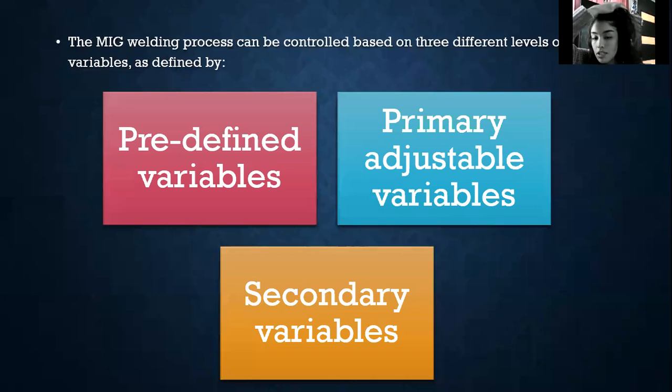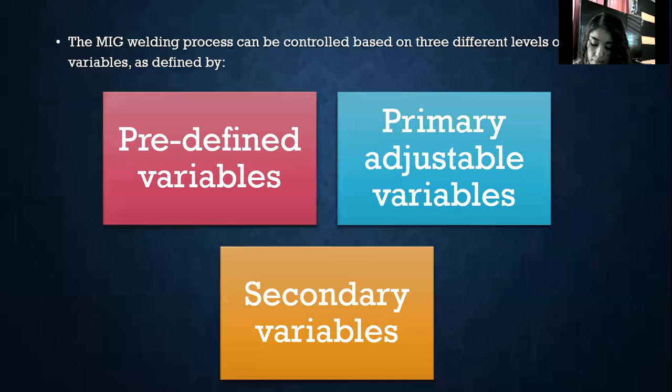Changing these variables results in the travel speed, how much arc voltage, and how much welding current must be applied. These are the primary adjustable variables.